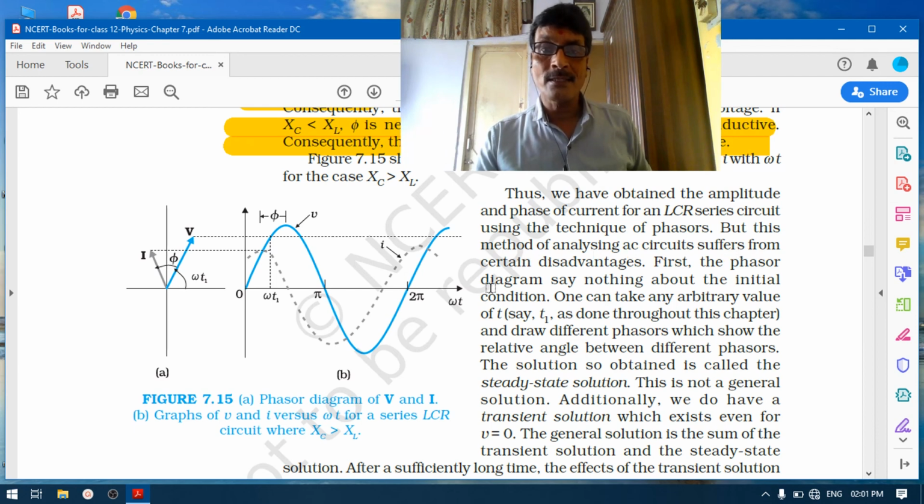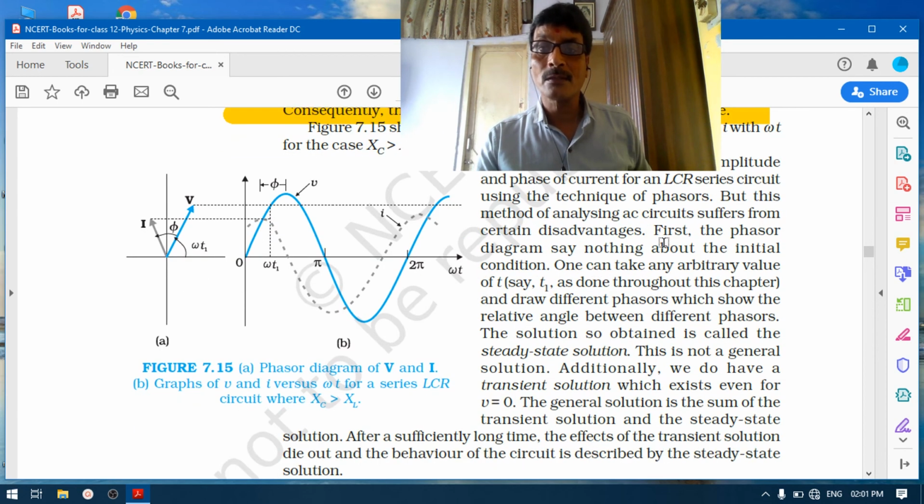First, the phasor diagram says nothing about the initial condition. What does that mean? The phasor diagram is not able to give any information about the initial condition.